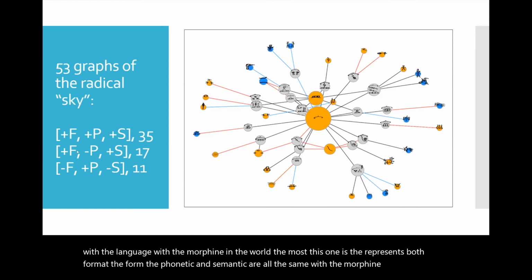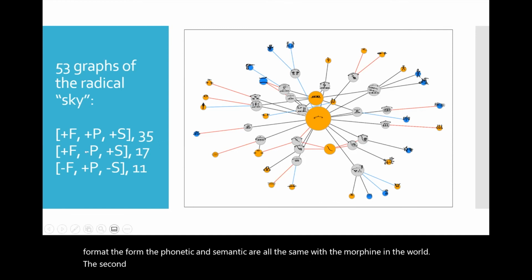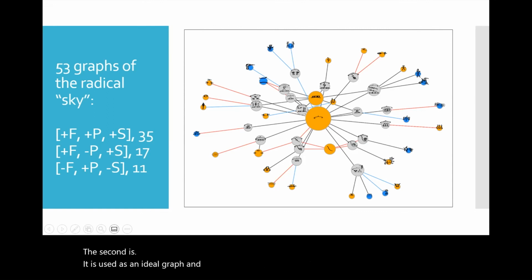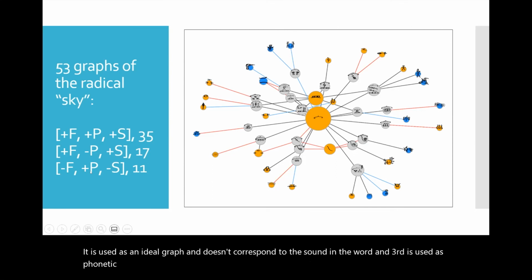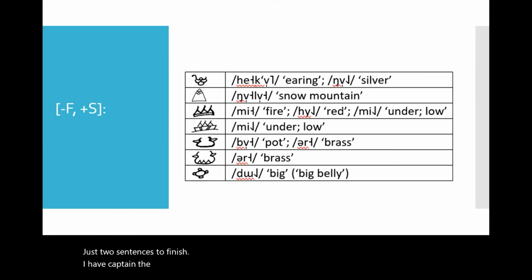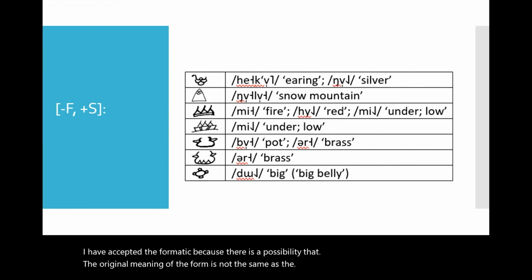The second is used as an ideograph and doesn't correspond to the sound in the word. And third is used as a phonetic loan. The original meaning is not the same as the meaning of the morpheme in the word, but it is homophonic, because there is a possibility that the original meaning of the form is not the same as the common meaning it represents.